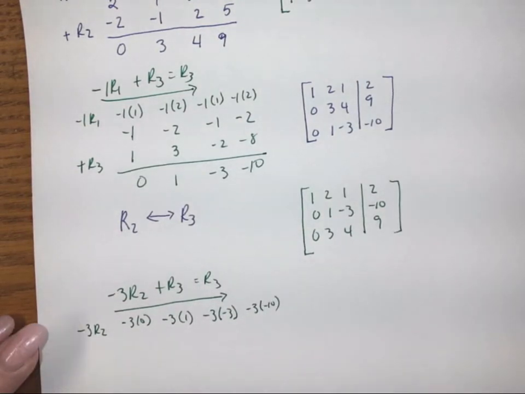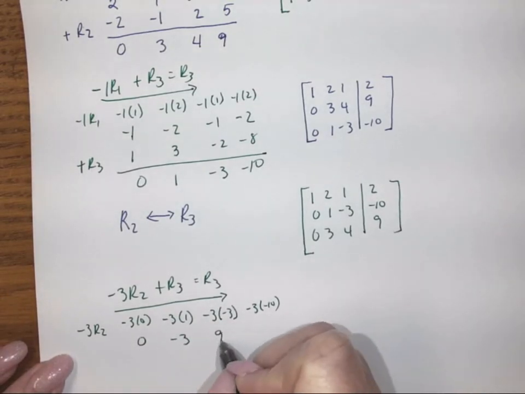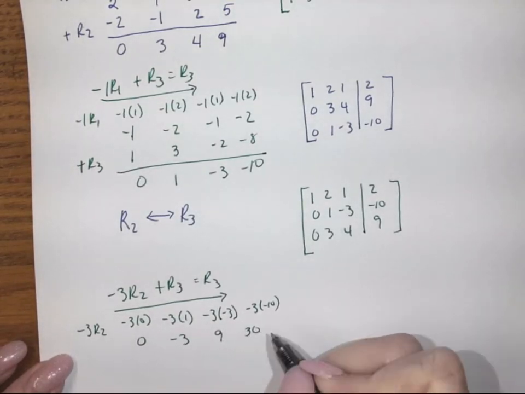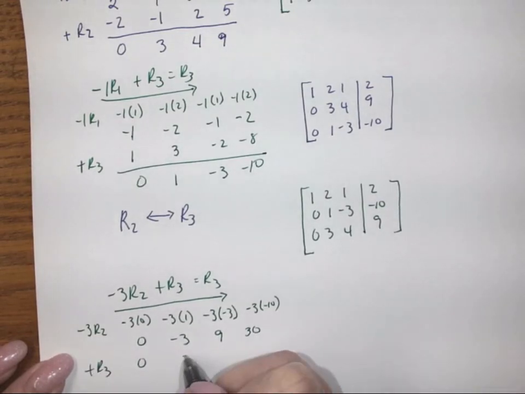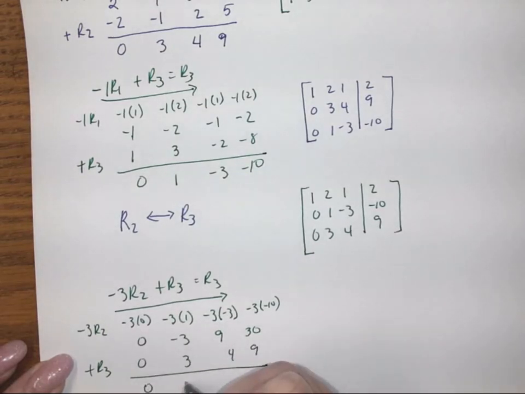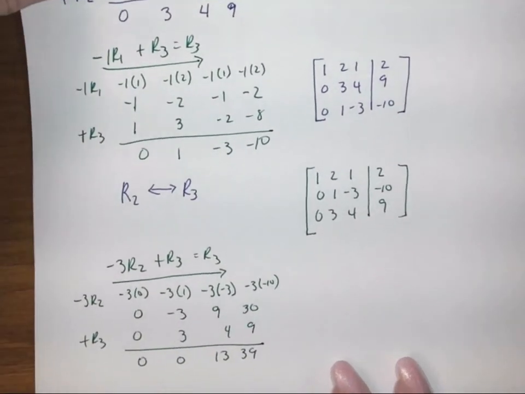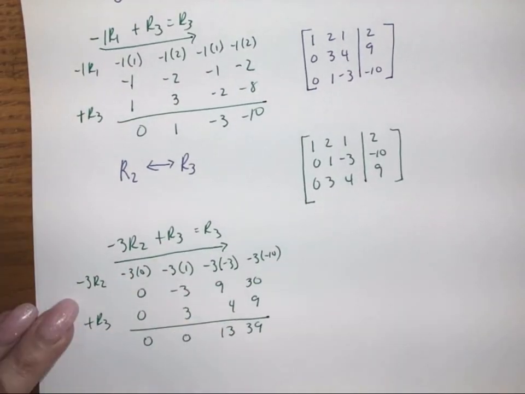So this will get us 0, negative 3, 9, and 30. And then we'll add row 3, which is 0, 3, 4, and 9. So 0, 0, 13, and 39. So we've got the two zeros that we still need for our beginning there. And rewrite the matrix.